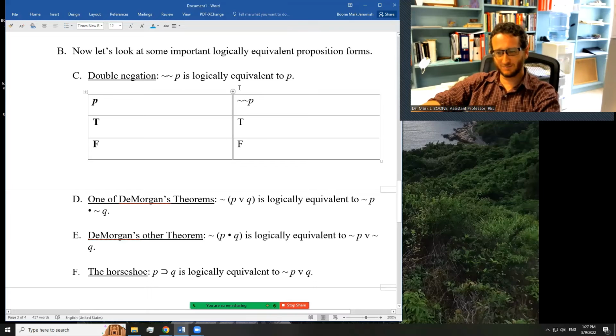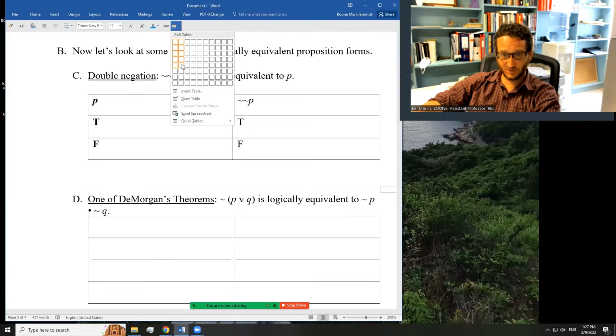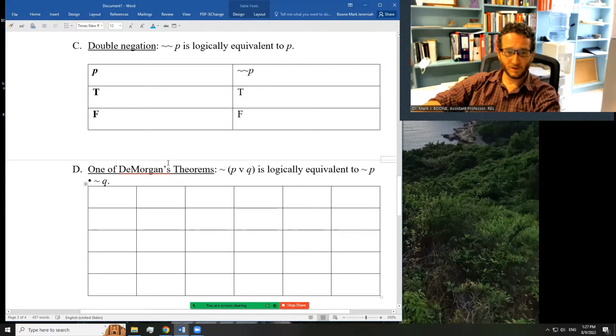Okay, this will be a little more involved. I'm going to need 5 rows. How many columns? 1, 2, 3, 4 columns minimum. Well, this might get complex. 1, 2, 3. Let's add some extra columns here.